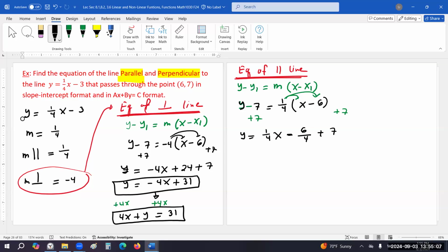Either reduce here now, or you can reduce later, 6 and 4. Maybe you can reduce it later because you have the same denominator. And in order to get the same denominator, we need to multiply everything by the same denominator. So keep the denominator now, and then you're going to reduce later. So what do you get here? Negative 6/4, positive 7.